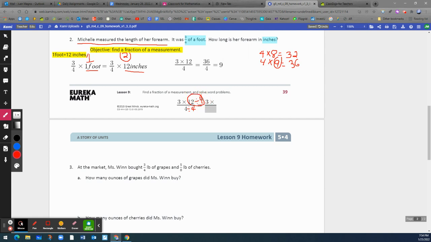What is 12 divided by 4? The answer is 3. So the 3 goes next to the other 3. Now we'll look at the denominator, and we know that 4 divided by 4 equals 1, and that is the denominator as well. This makes it easy for us: 3 times 3 equals 9.